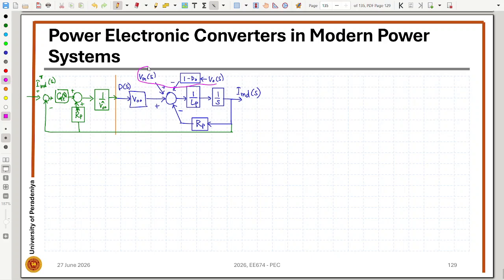We can again assume this as a disturbance. If we assume the estimations are perfect, and also we will assume that Gc(s) is a PI controller, so Kp plus Ki over s.